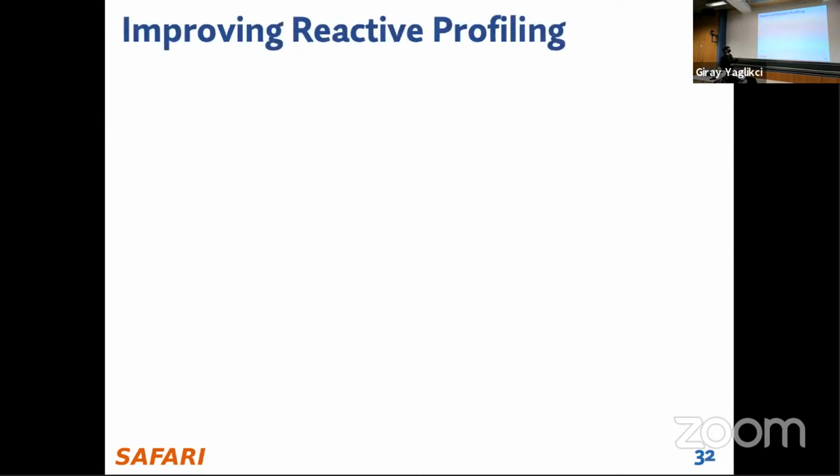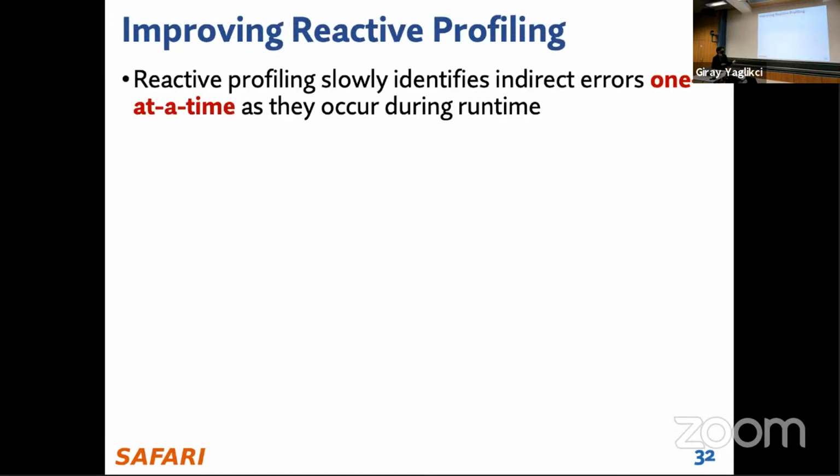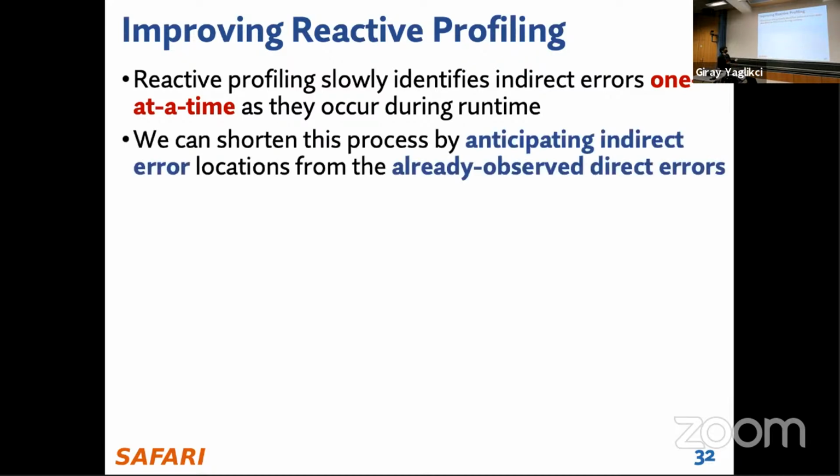Okay, I'll move on. So as another optimization to the reactive profiler, we observed that reactive profiling is fundamentally quite slow because we can only observe indirect errors one at a time. For every uncorrectable error pattern that occurs, there could be a different indirect error, and we have to wait to capture all those. What we can do is shorten this whole process by anticipating the indirect errors that might occur, given that we've already done active profiling and identified some direct errors.